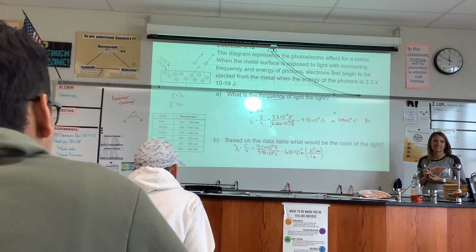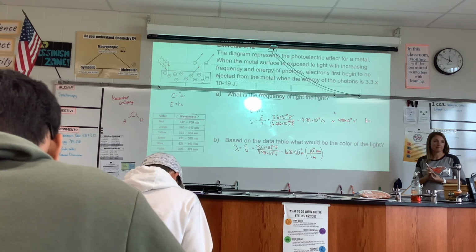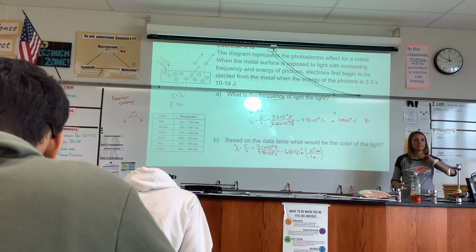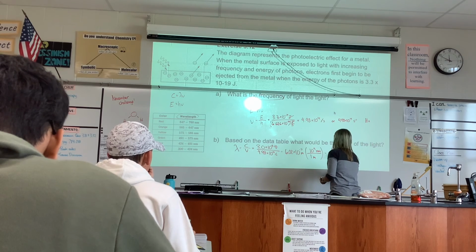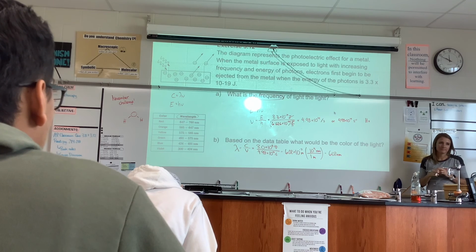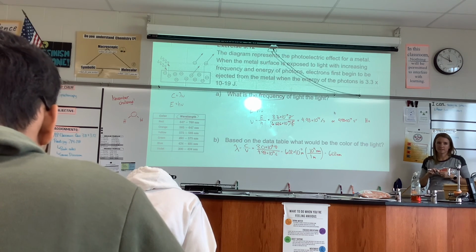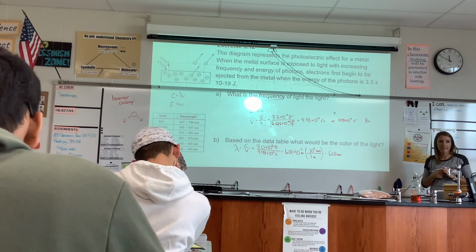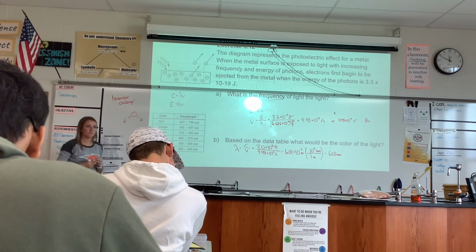So what is that, is 10 to the 9 a billion or a million? Yeah, it's a billion. So it ends up being 602 nanometers. Is the color of light in nanometers? Yes. So then, what color is my light?